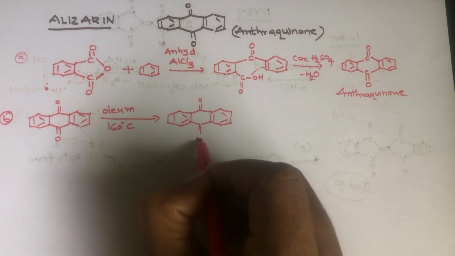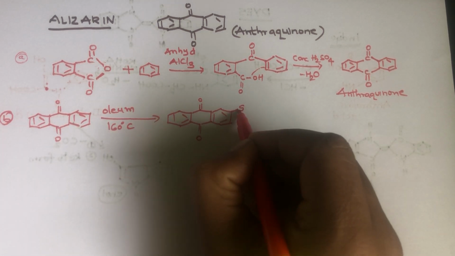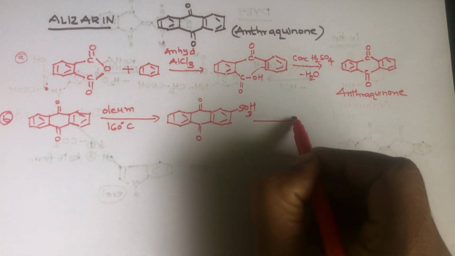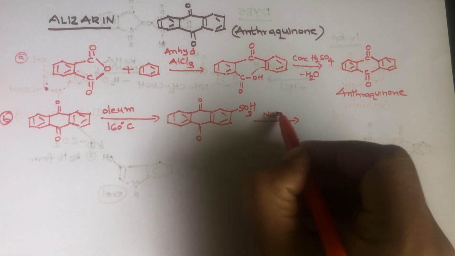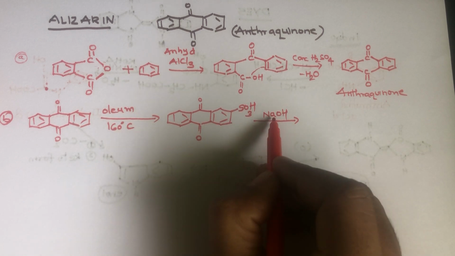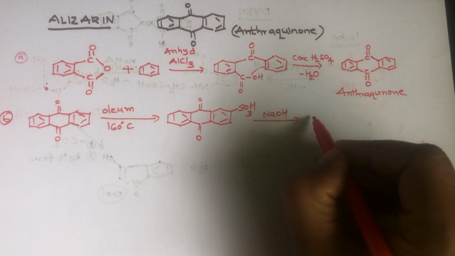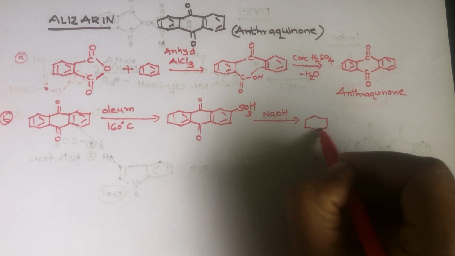Double bond O, when treated with this, sulfonation takes place. SO3H is obtained. This sulfonic acid, when treated with NaOH, this is acid and this is a base. So an acid base reaction takes place to give you a simple salt of that. You are going to get this compound.